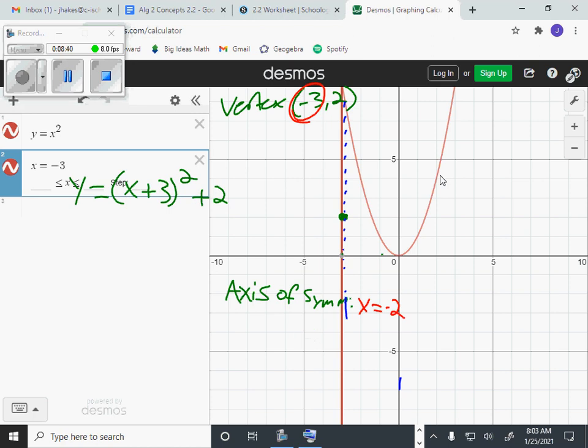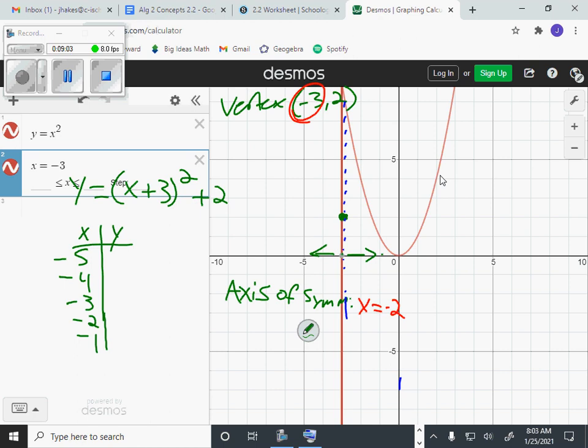Now let's graph it. Okay, I need x and y's. I need to be to the left of that red line, and to the right of that red line. So let's say -5, -4, -3, -2, and -1. Plug these numbers in.